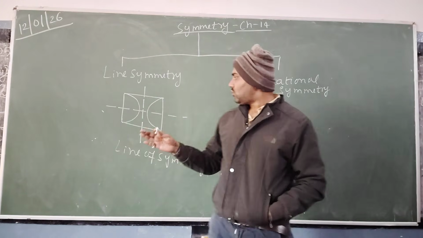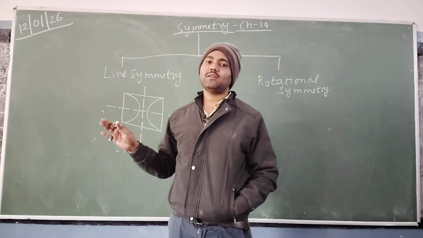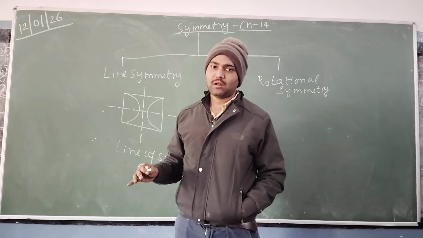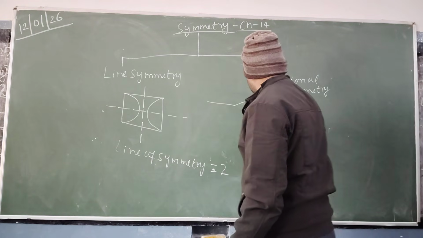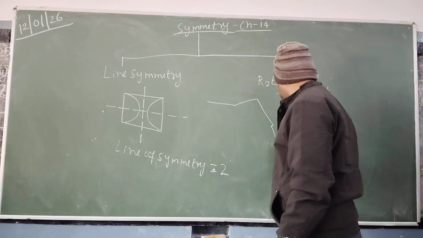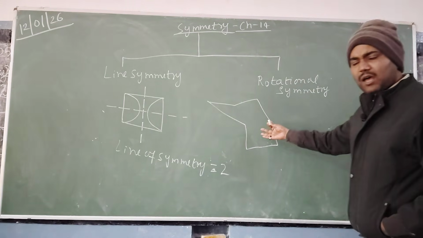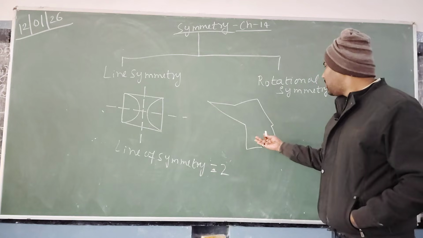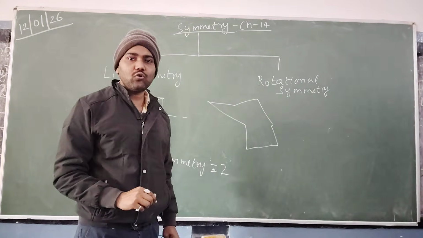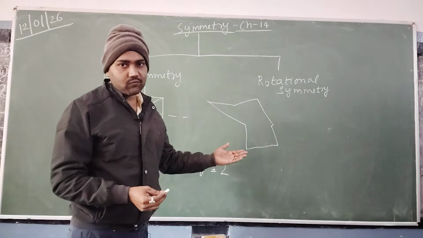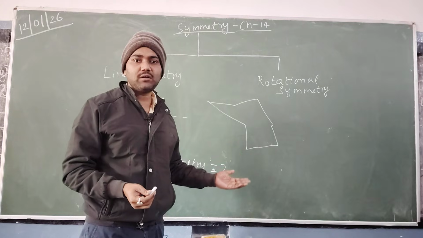Is it clear? So like this, in every figure which is given in the question, you have to show whether the figure is symmetrical or not. Like if there is any figure like this, suppose I have drawn a random figure, and if it is asked whether the figure is symmetrical or not, you will first observe the figure and see whether we can draw any line by which it looks symmetrical.